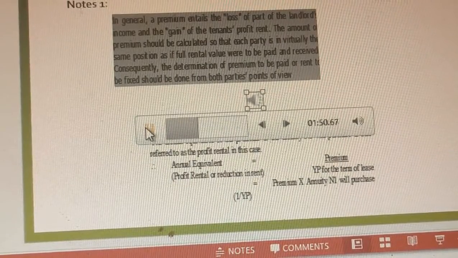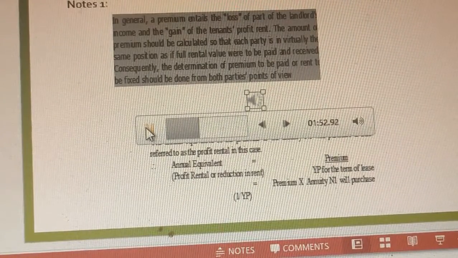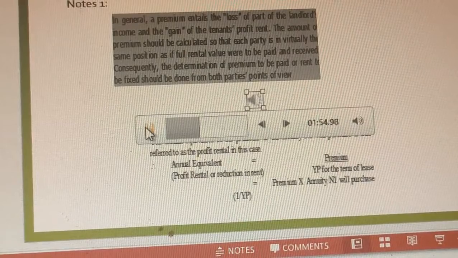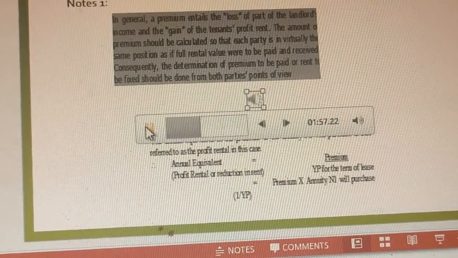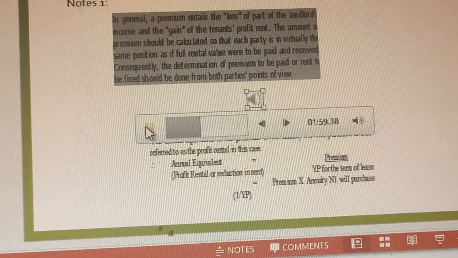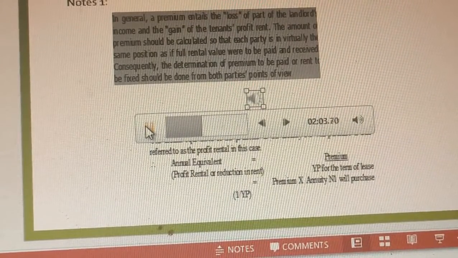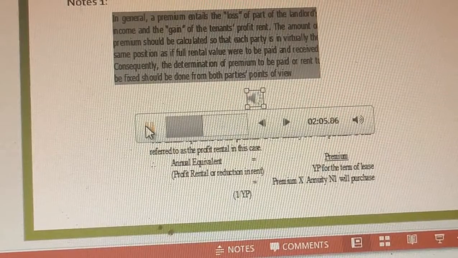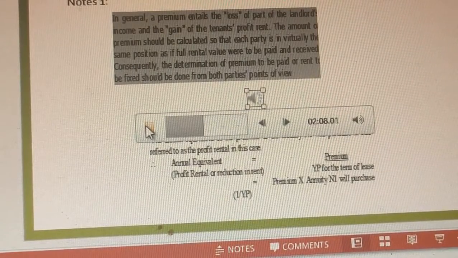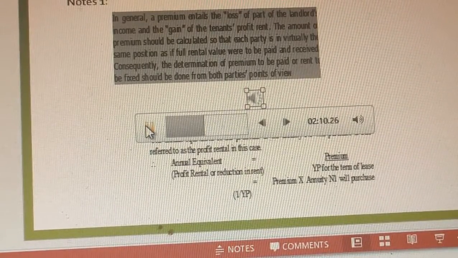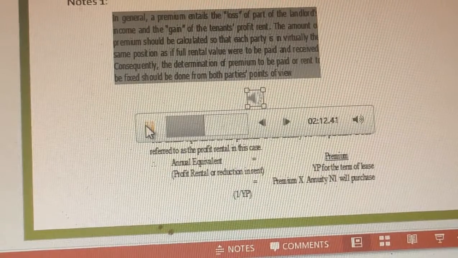That's a normal equation. It's an equation that can be taken for granted in premium. So present interest will be equal to proposed interest because they are to be in the same position as if the full rental were to be paid and received.